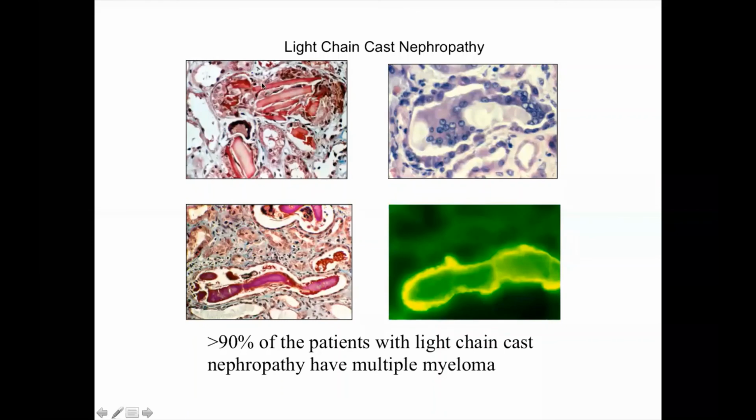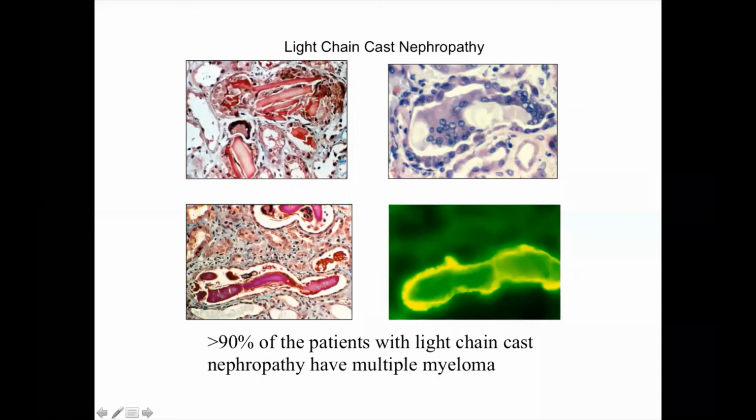How do the casts appear? As you know, on the trichrome they will be brick red in color, with cracks, right. And most of the patients with light chain cast nephropathy have multiple myeloma, more than 90% of them.